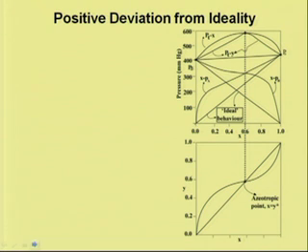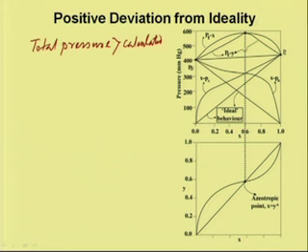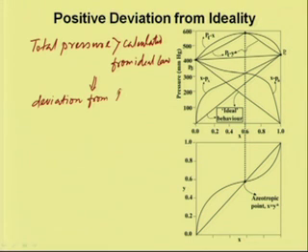Now, a mixture with total pressure greater than that calculated from the ideal law shows deviation from Raoult's law.